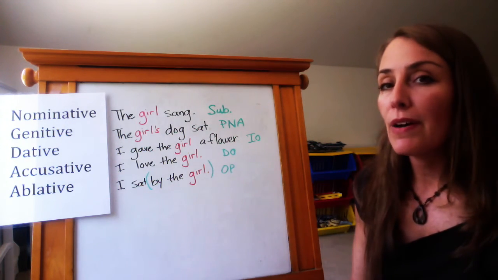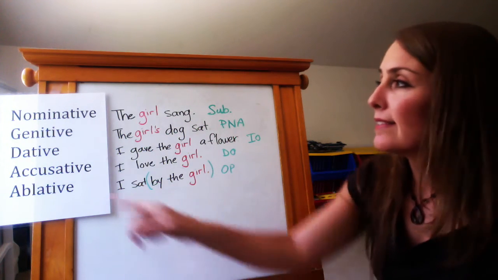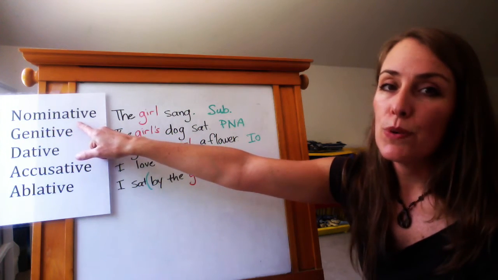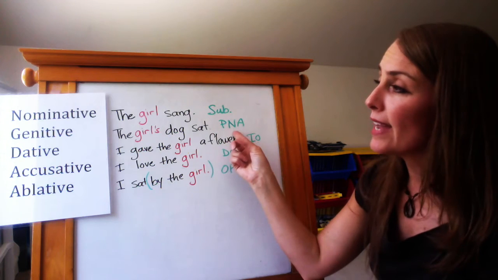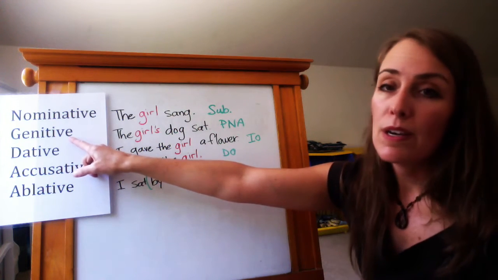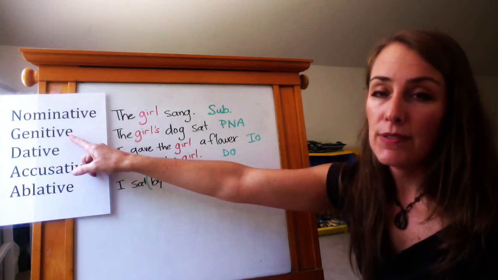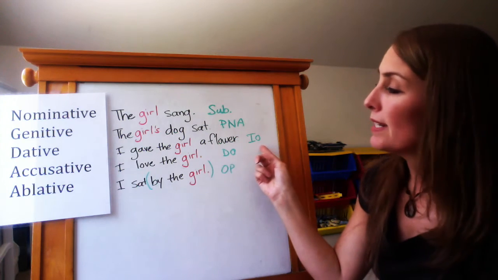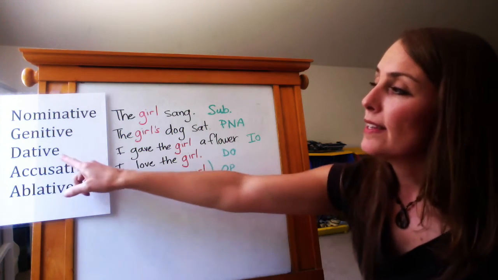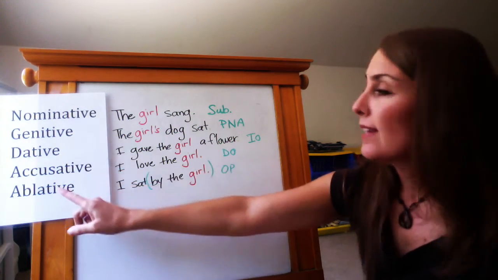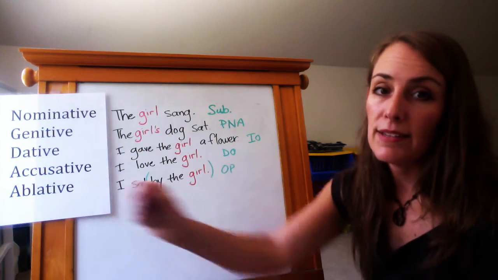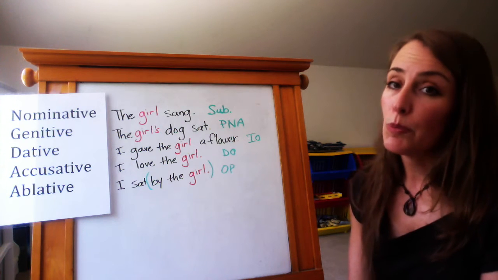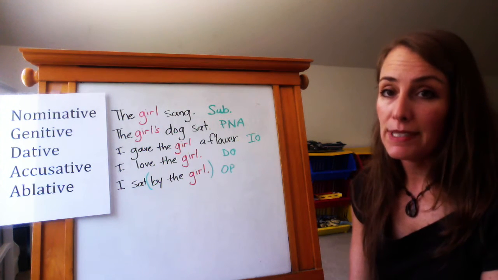If we're talking about a noun in the subject case, it's going to be in the nominative form. If we're talking about a noun as a possessive noun adjective, we're talking about the genitive form of the noun. If it's an indirect object, it's going to have to go in the dative case. If it is the direct object of the sentence, it's going to be in the accusative case, and if it is the object of a preposition, it's going to go in the ablative case.